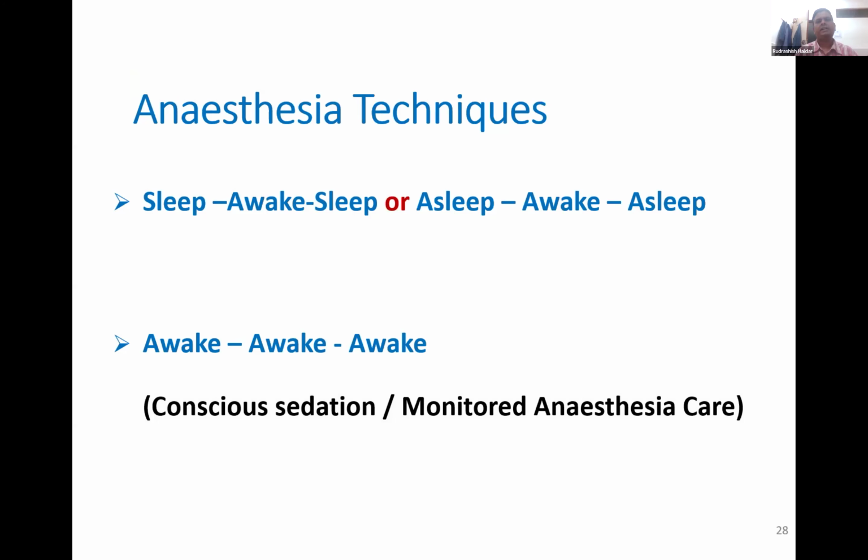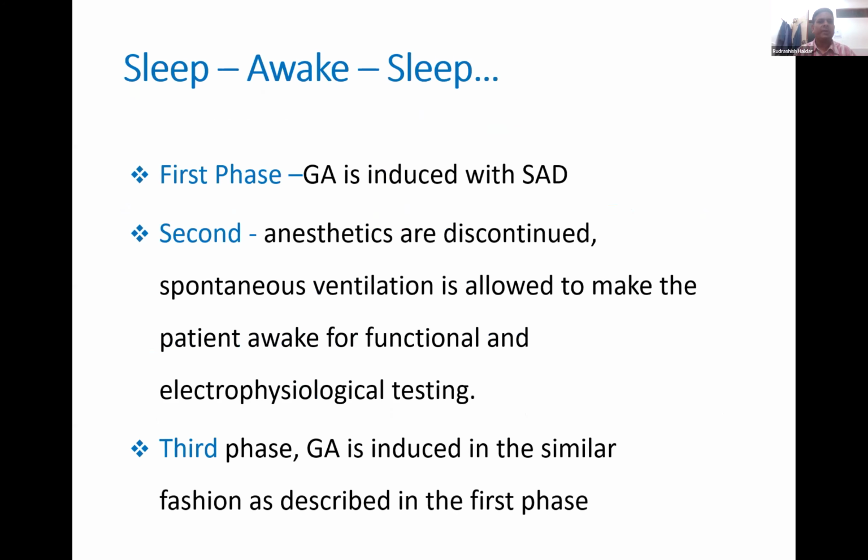So coming to anesthesia techniques for awake craniotomy, there are mainly two techniques. One is the sleep awake sleep technique, also known as asleep awake asleep technique, and the other is the awake awake awake technique. I will be discussing them one by one. In the sleep awake sleep technique, there are three phases. In the first phase, GA is induced mostly with a supraglottic airway device, and then the brain is opened.